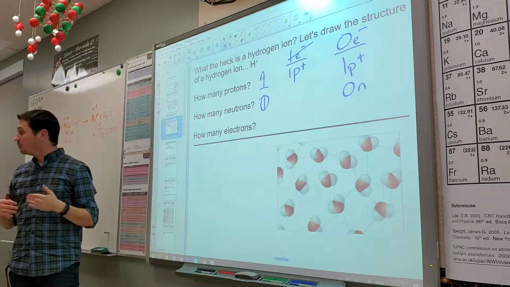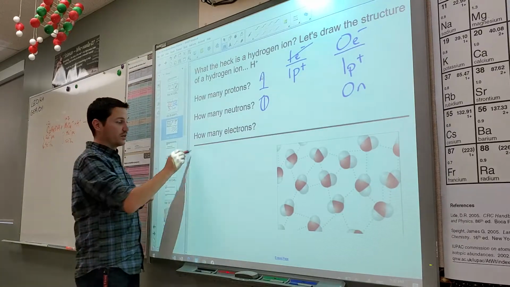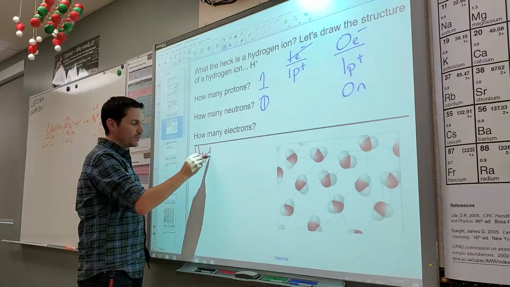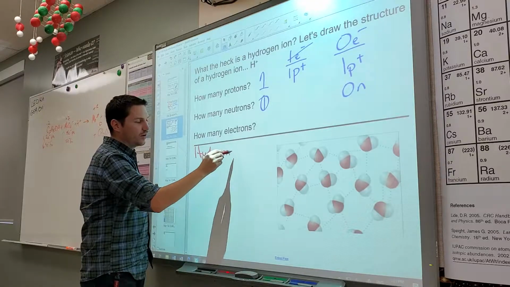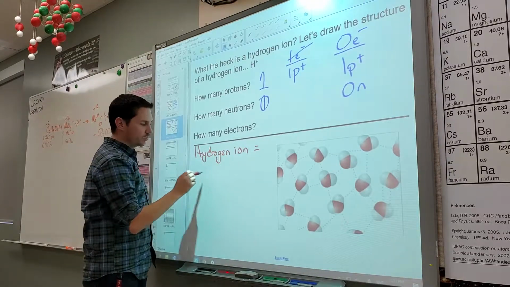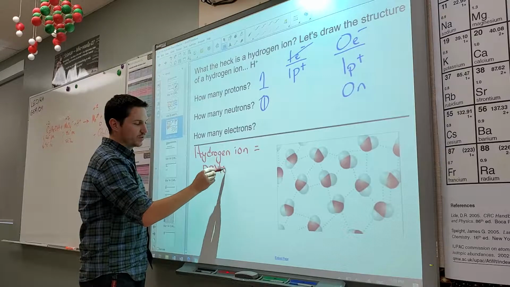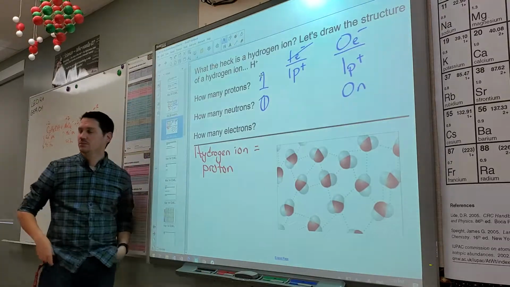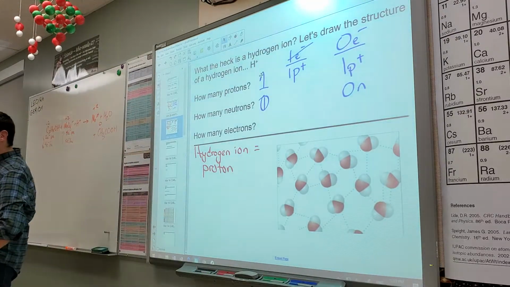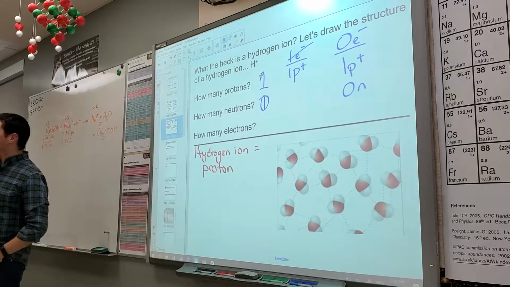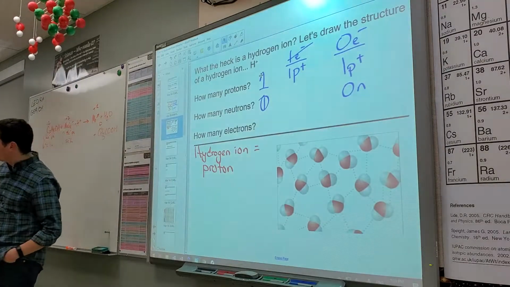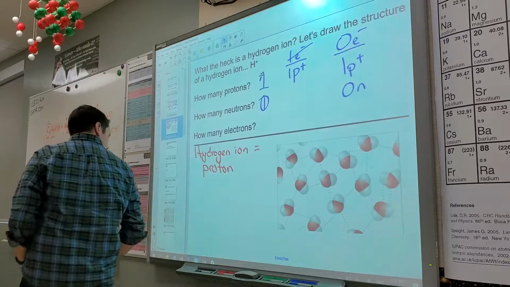From now on, I will be calling hydrogen ions protons. So a hydrogen ion equals a proton. It's really weird to think of a bare proton all by itself, but that's exactly what it is.